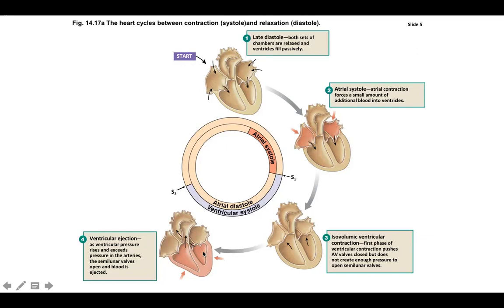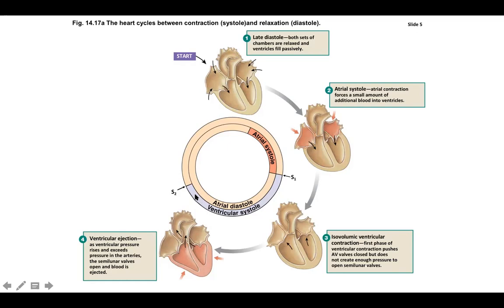And when those semilunar valves open, the ventricle is still contracting and the blood is ejected out. So it's ejected out from the left ventricle into the aorta, and it's ejected out from the right ventricle into the pulmonary trunk. And this phase of the cardiac cycle is known as ventricular ejection, because the blood is leaving the ventricle at that point.